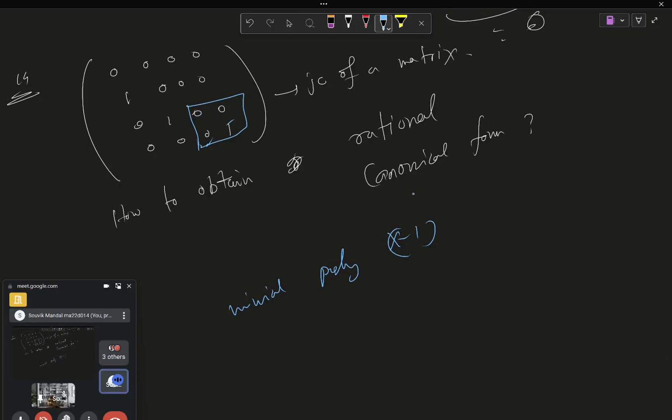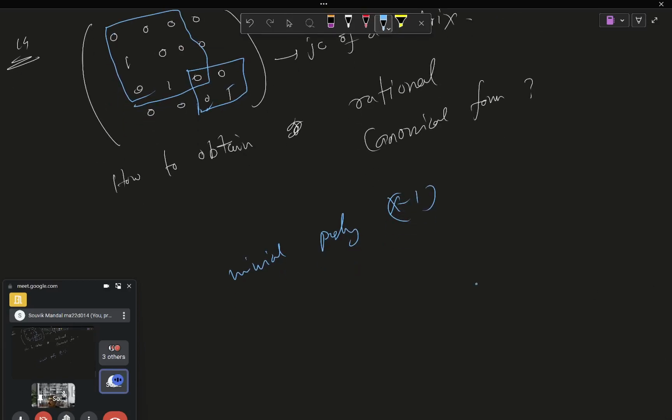Also observe that this portion makes another block. So due to this portion, the invariant factor is x minus 0 whole cube, that is x cube.